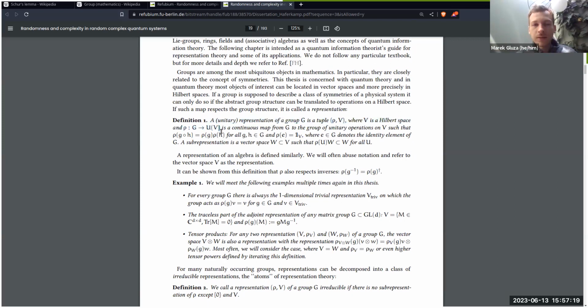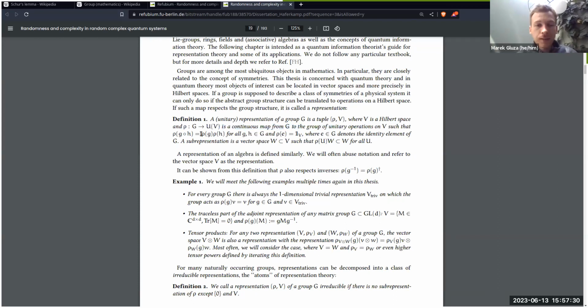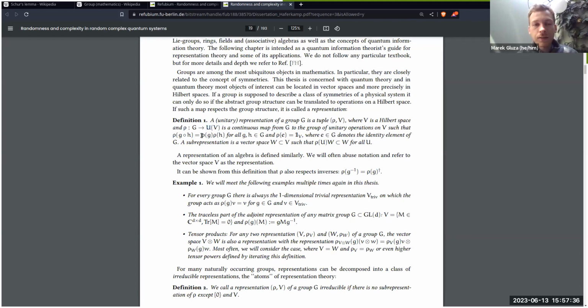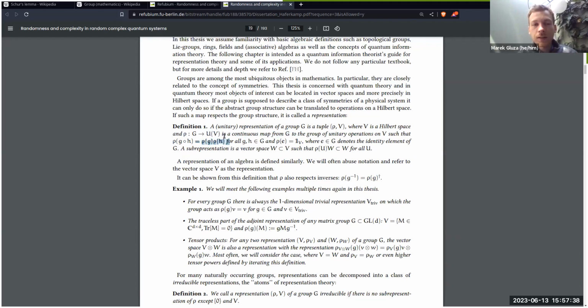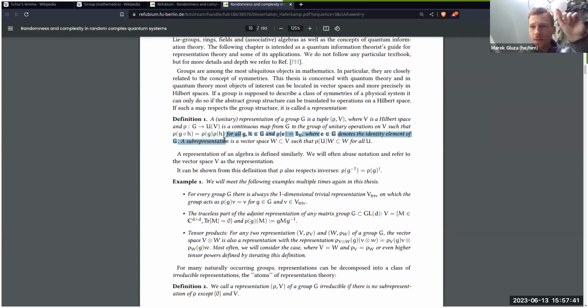So you have this continuous map from the group G to the group of unitary operations on V, such that it is a homomorphism. Okay, why do we see that it's a homomorphism? Because the group of unitary matrices is just matrix multiplication. So here we are applying this H star like we were doing on Wikipedia.